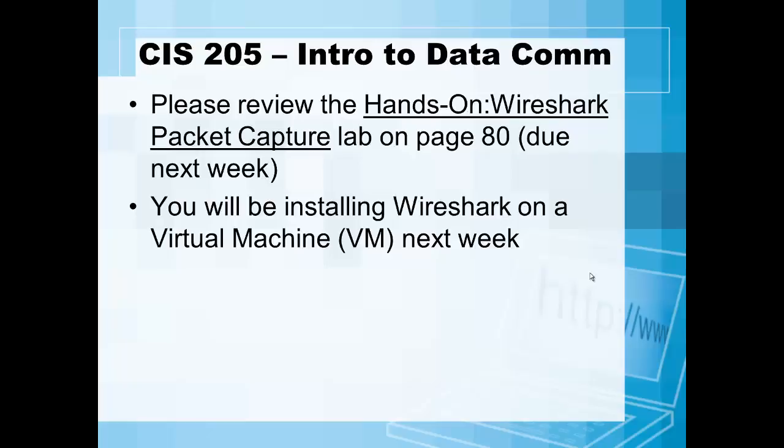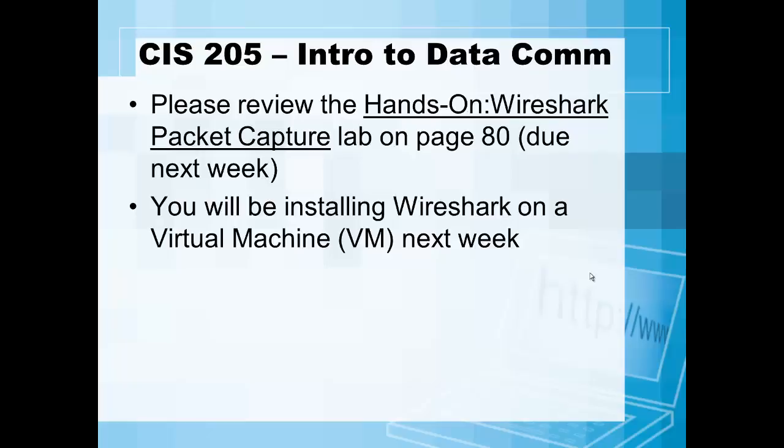A high-level overview is that you're going to be installing next week a hypervisor, probably VMware Workstation, or better yet, Oracle VirtualBox. And inside of, let's say, Oracle VirtualBox, since that one is free, you'll be setting up a virtual machine. Let's say, for the sake of argument, Windows 7. Inside Windows 7, you're going to install Wireshark.